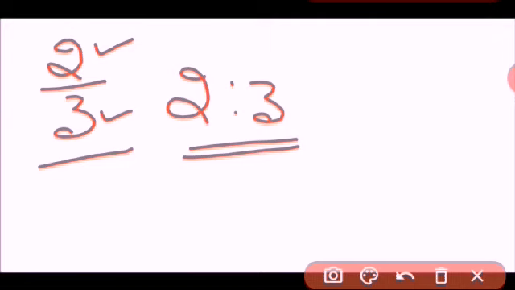This is the way you write a fraction as a ratio. This is the numerator and this is the denominator. So if the numerator is written as the first one, the denominator will be the second one.